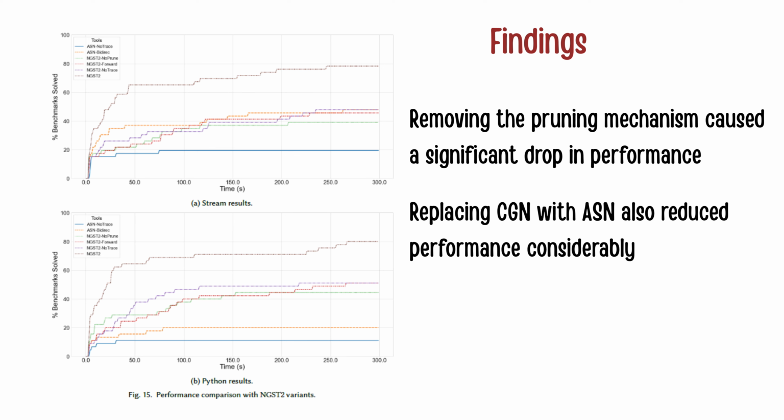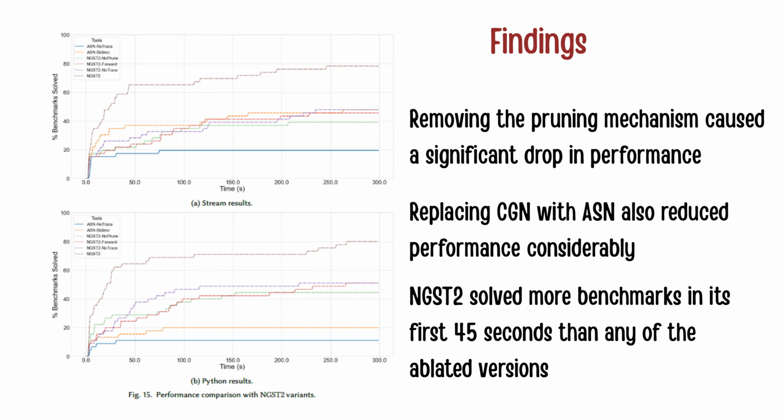But the strongest performance came from combining both innovations together. In fact, NGST2 solved more benchmarks in its first 45 seconds than any of the ablated versions solved during the entire 5-minute timeout. This demonstrates that efficient search guidance and intelligent pruning complement each other extremely well.